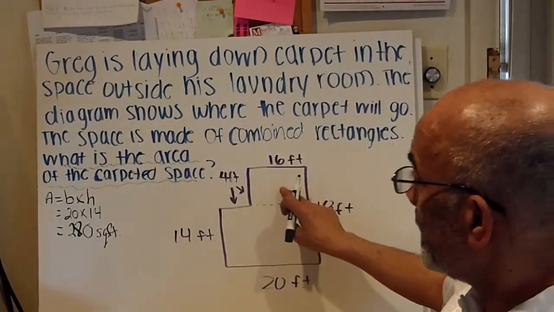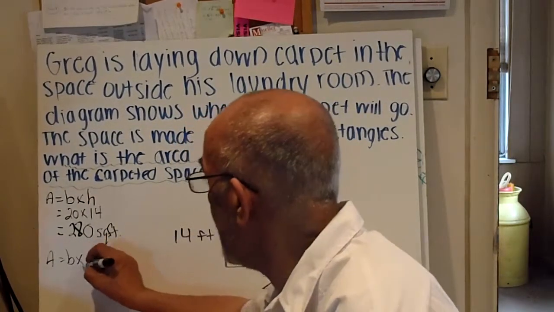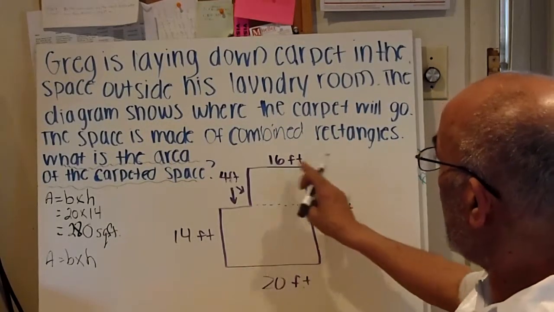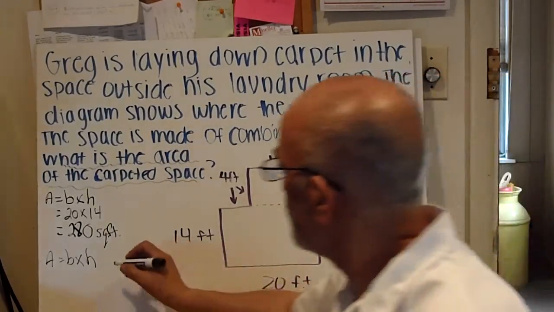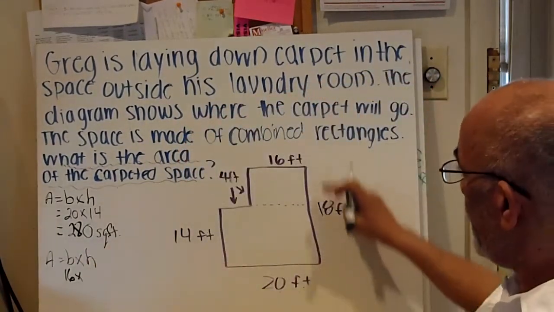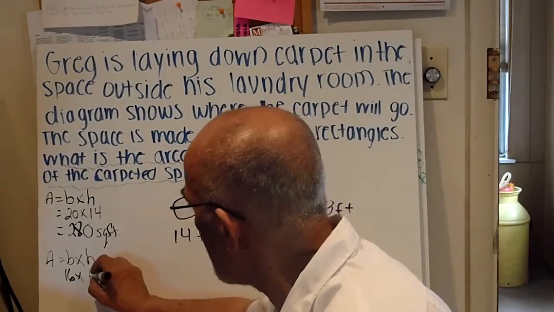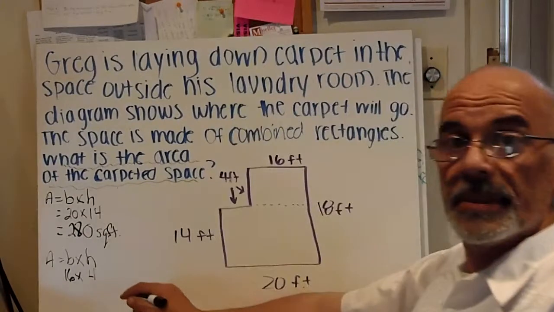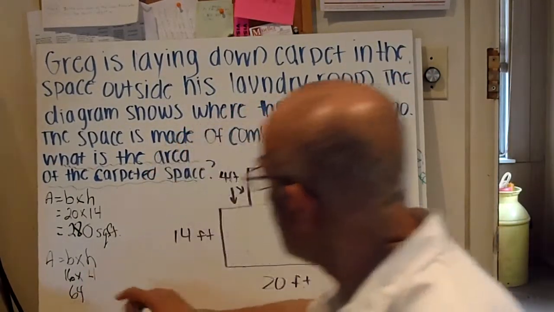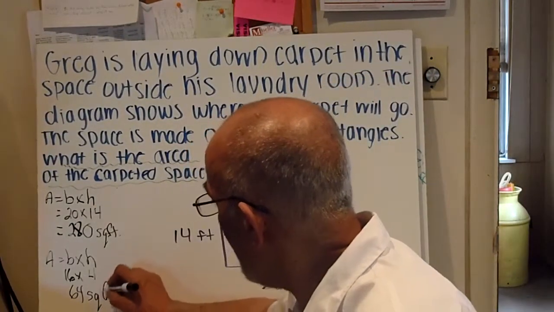Then we have our next rectangle. Again, area equals base times height. We don't want 20. This time we just want 16 times, we don't want 18 again, we just want 4. 16 times 4 is 64 square feet.